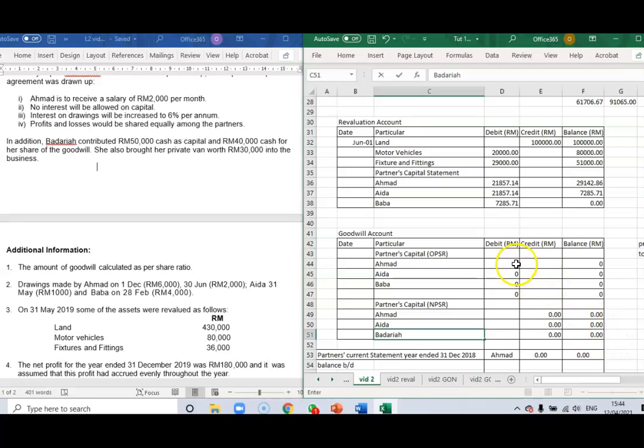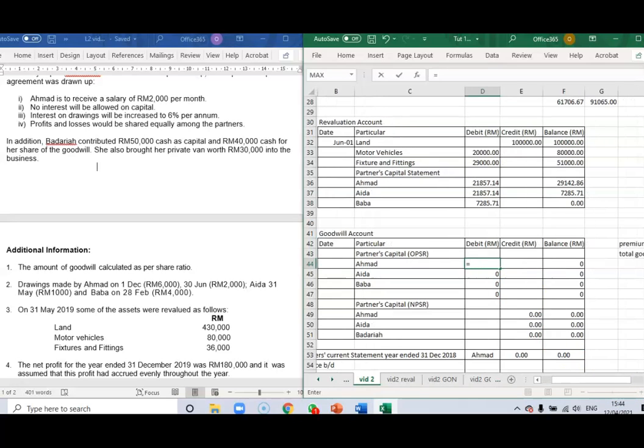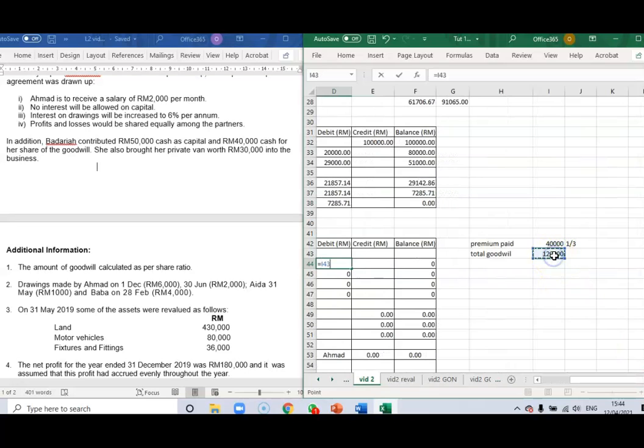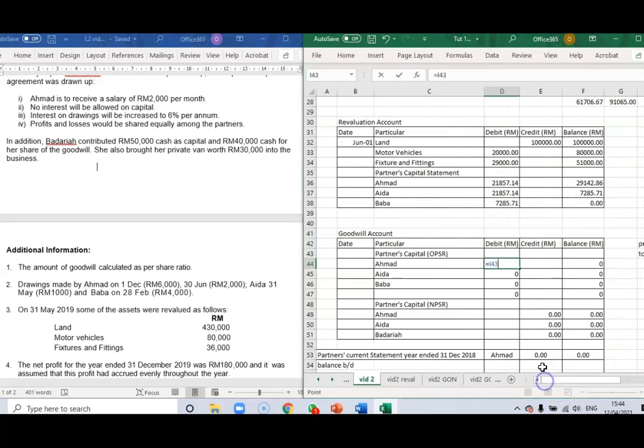So the amount that we calculate just now is 120,000. Okay, and multiply with the old ratio is 3/7. Oops, Ida is the same, but Baba not. Sorry.